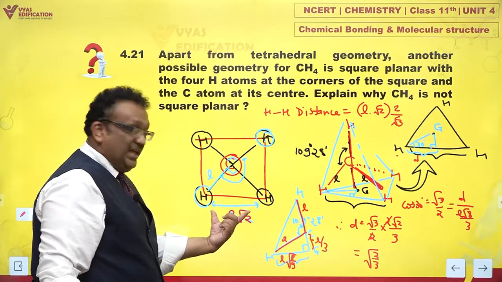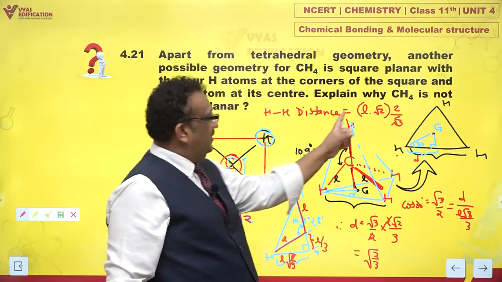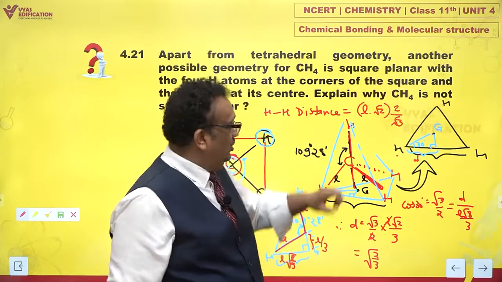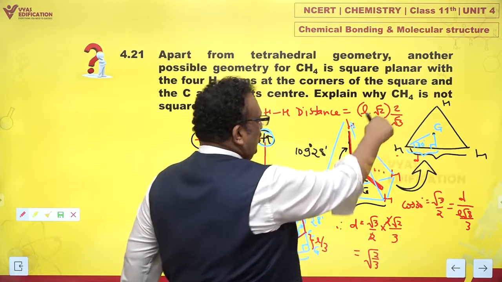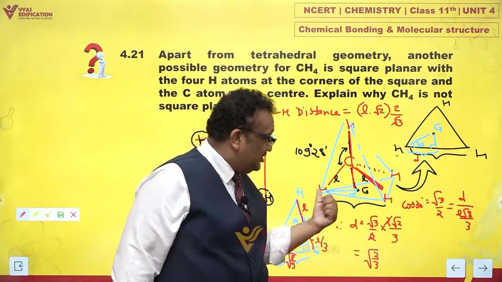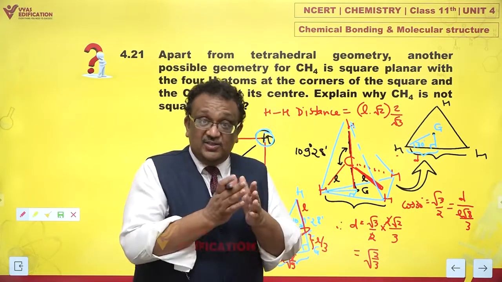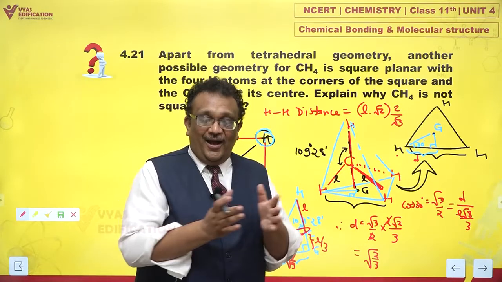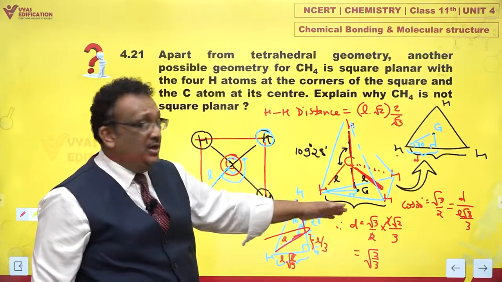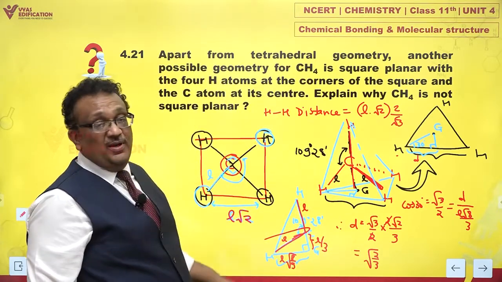This distance was L root 2, right? And this is L root 2 into 2 upon root 3. Root 3 is 1.732. I hope you can see that this 2 upon root 3 is more than 1, which means that this HH distance in tetrahedron is longer. Hydrogens are separated by a greater distance in a tetrahedron as compared to square planar.